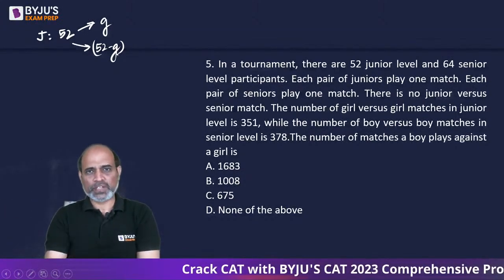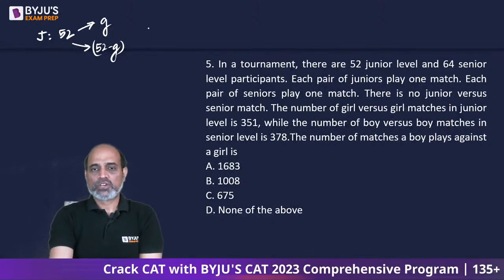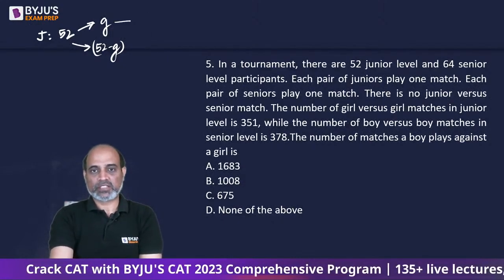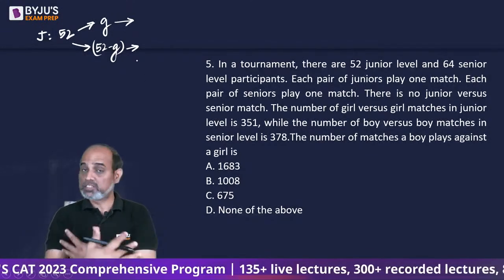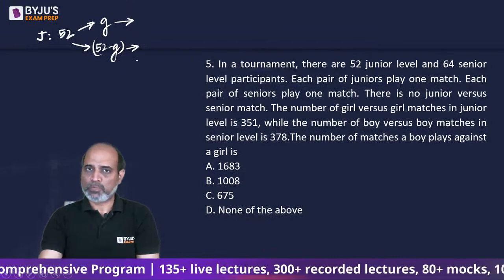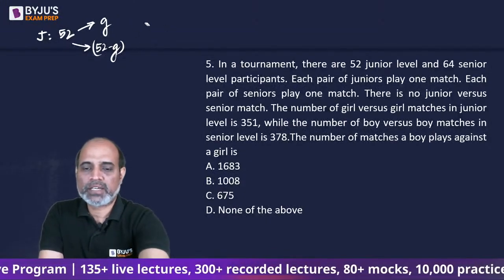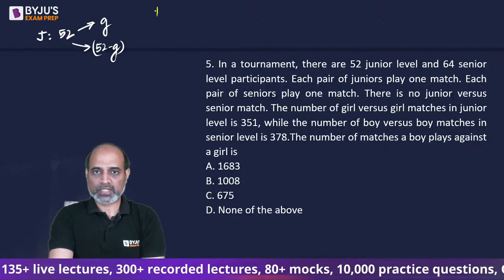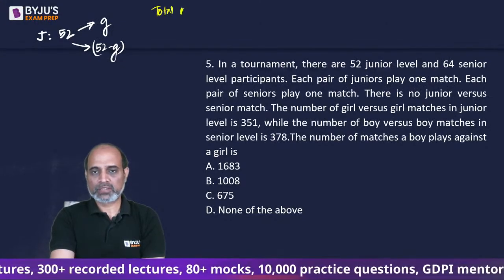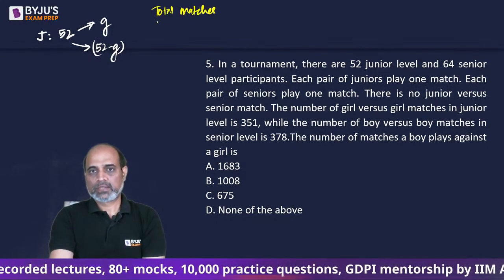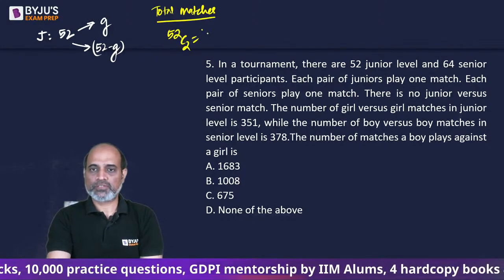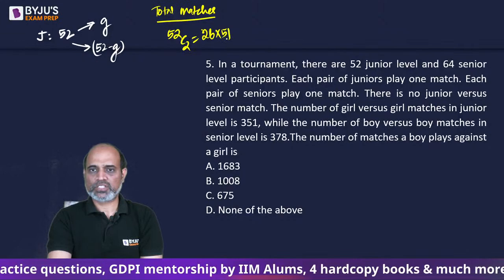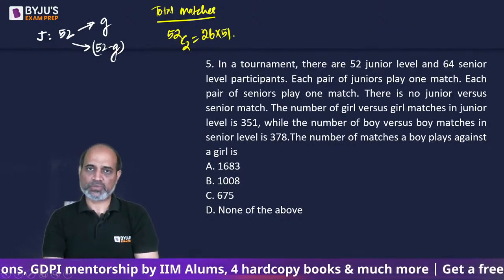So within this 52, we can say round robin is happening. So the total number of matches, the number of matches girls will play, the number of matches boys will play, the number of matches girls versus boys will happen, all together, we will have the total matches as 52C2, which is going to be 26 into 51. Let's not simplify it further. This many total matches.